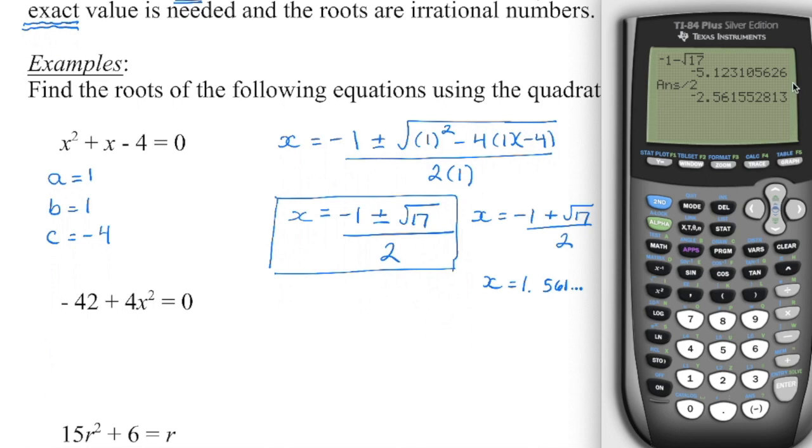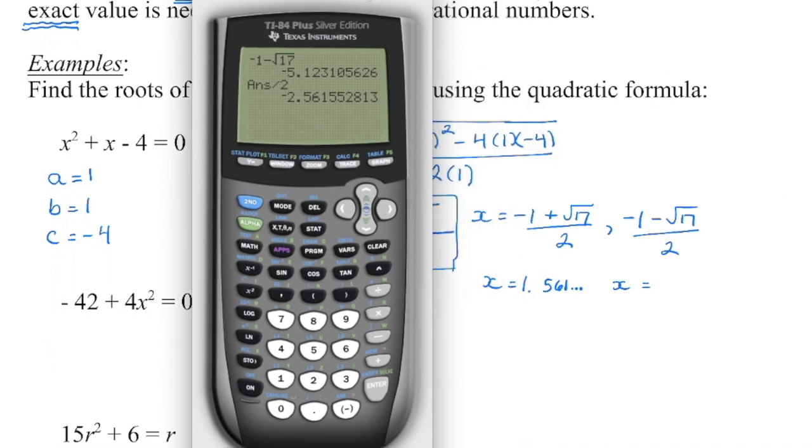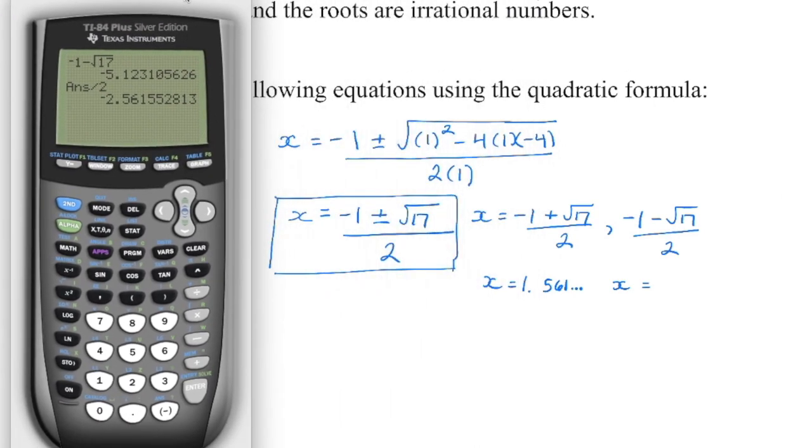And my second x-intercept has a value of -2.56, and that's going to keep going. So these are not exact values, but those are the x-intercepts. If you were to graph this original quadratic, you will see that these are the x-intercepts you're going to get.